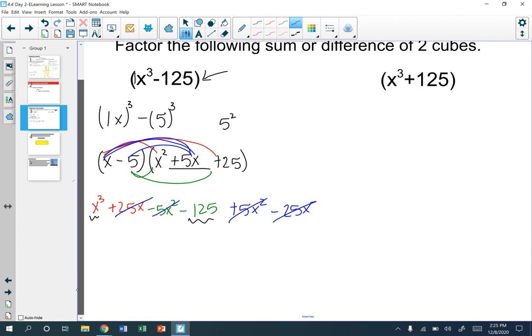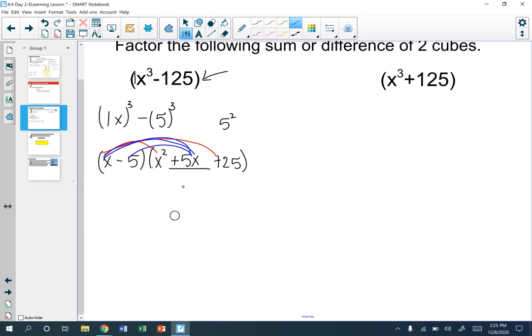Now, like I said, you're probably asking, how in the world did she get that middle term? Well, we're going to use something called SMS. It's called square, multiply, and change the signs, and then square again. So what we're doing with SMS is we square the very first term. So first we take the cube root, get our first part here, and then we square to get our first term.